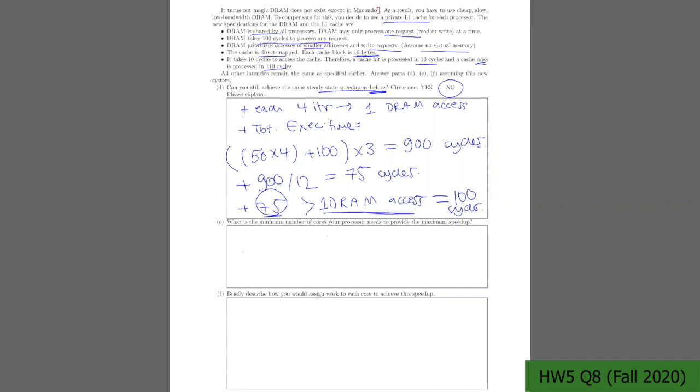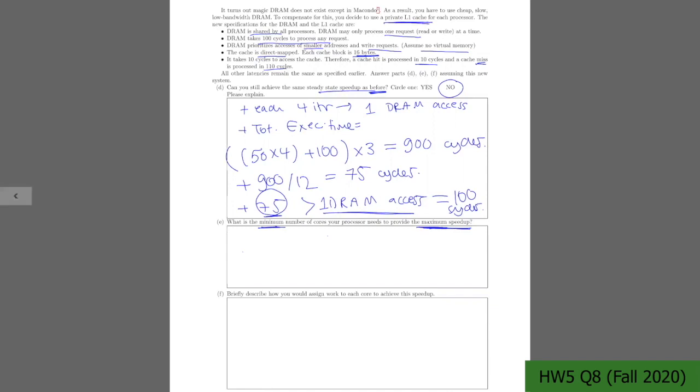The next part is: what is the minimum number of cores your processor needs to provide the maximum speed up? Here for the maximum speed up, it's really important to pay attention to the private data cache locality.